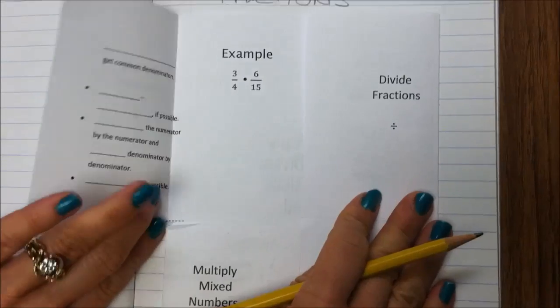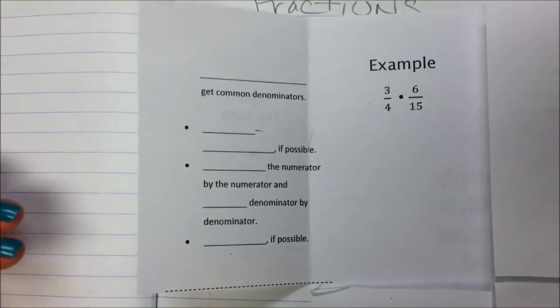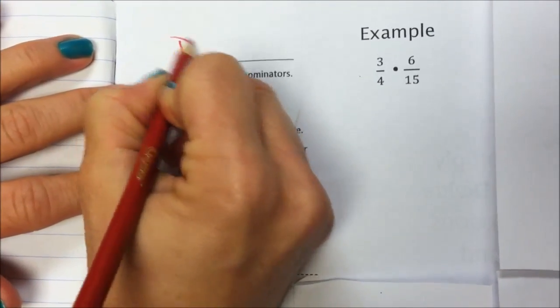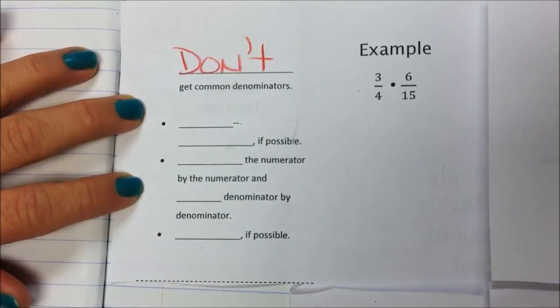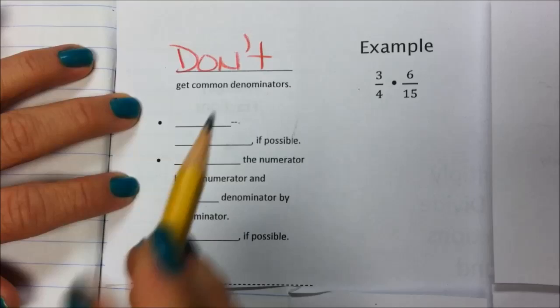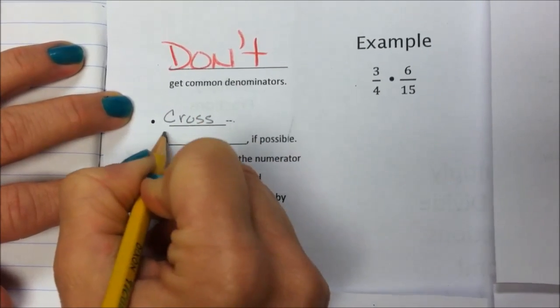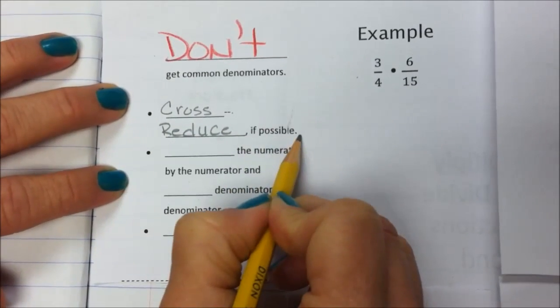So let's do the multiplication part first. And I'm going to use a red colored pencil. We do not get a common denominator. So no common denominators. We're going to cross reduce if possible.